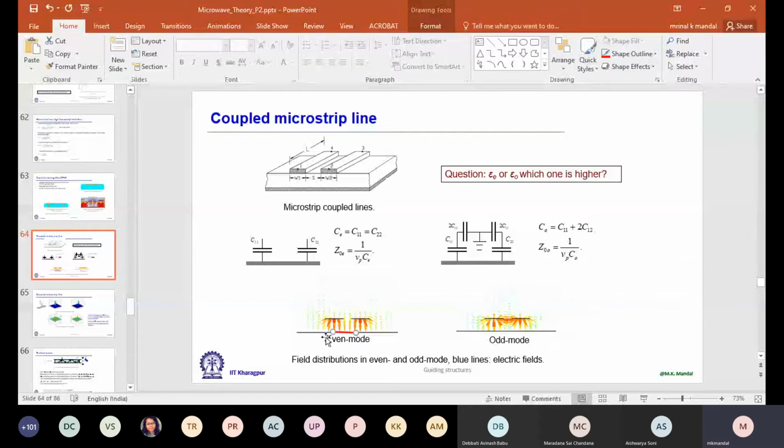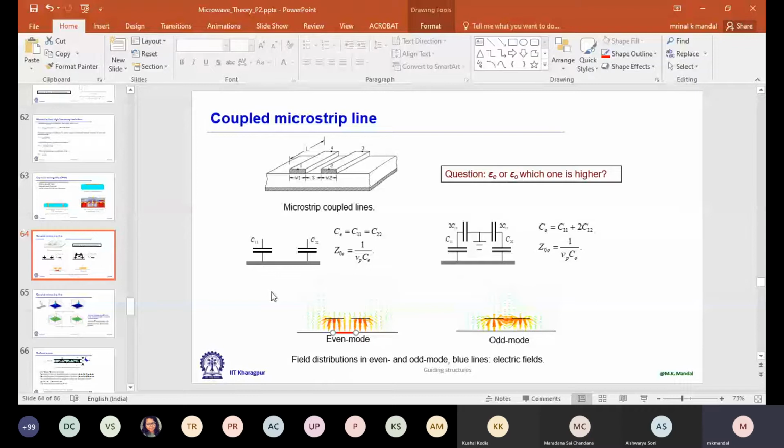Okay, now this slot width we need to adjust to make these two VPs the same, and it is going to affect mostly the even mode. Last day we discussed, if I put a slot below the structure, even mode impedance will decrease, because we are going to disturb the even mode.